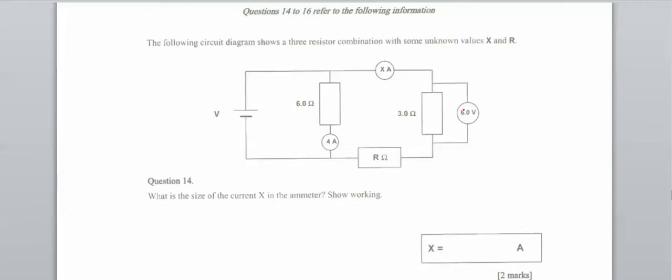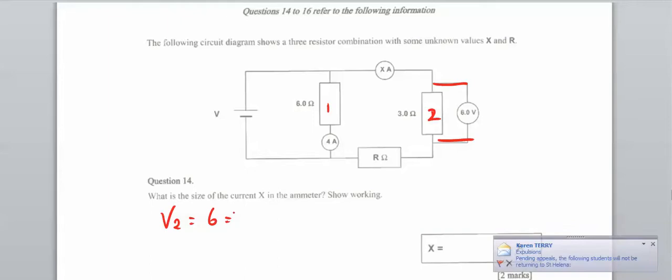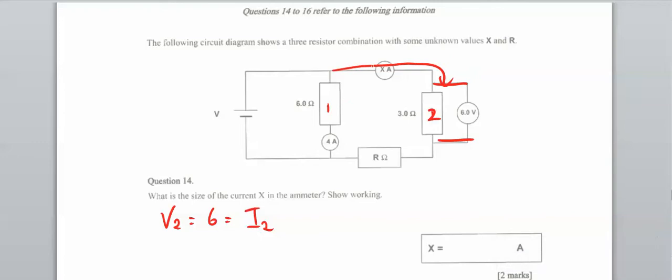Now, in this question we've been given a voltage across here. Let's call this number 2 and number 1. So the voltage across 2 is 6 volts, and the current is going to split out: some current is going to go here, some down this way.